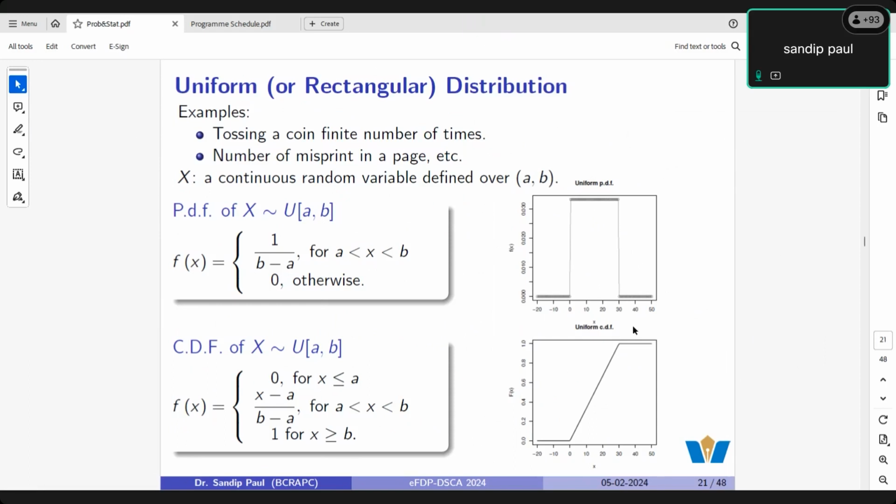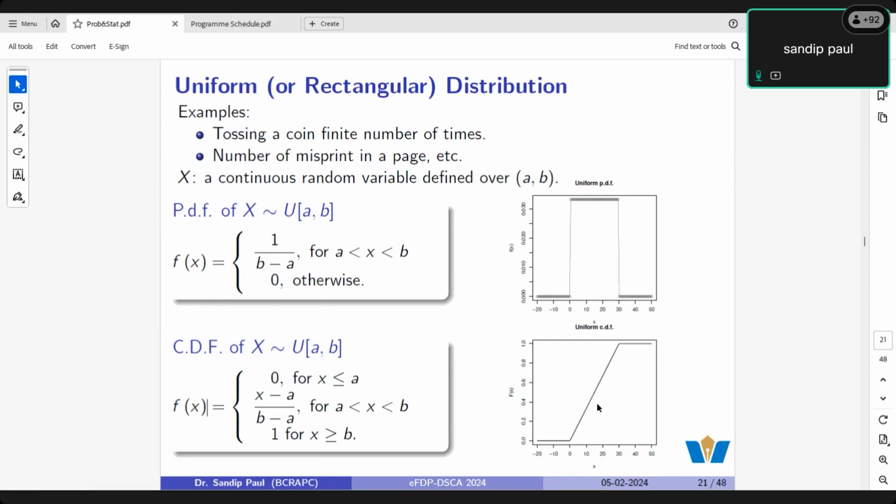And if we draw the distribution function here, obviously we have to calculate the integration value from the leftmost value, that means minus infinity, to a certain value of x, and its function will be x minus a by b minus a. So when x is less than a, f of x is always 0. So if we find the integration up to 0, it is always 0. So that will be capital F of x.